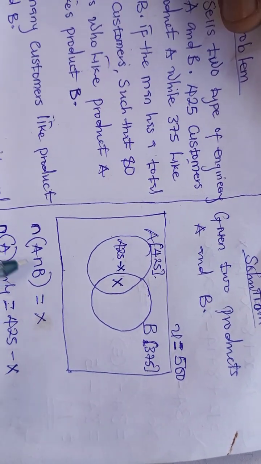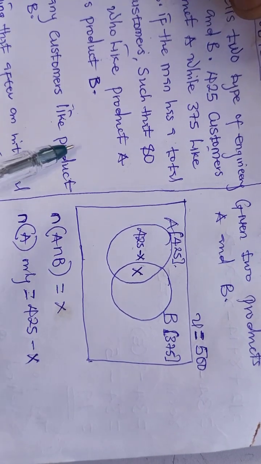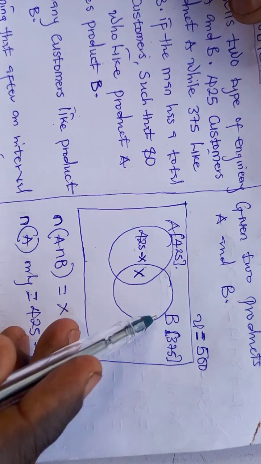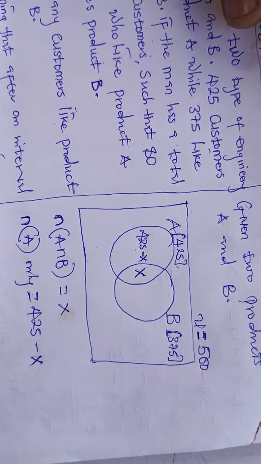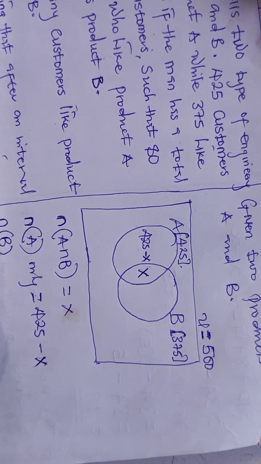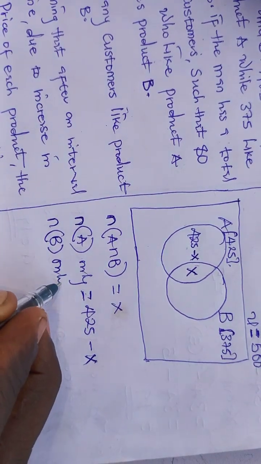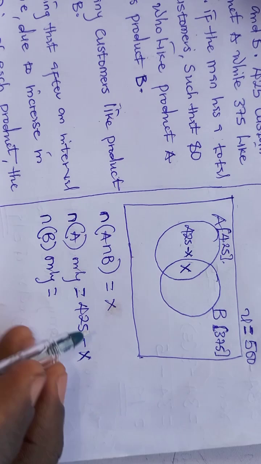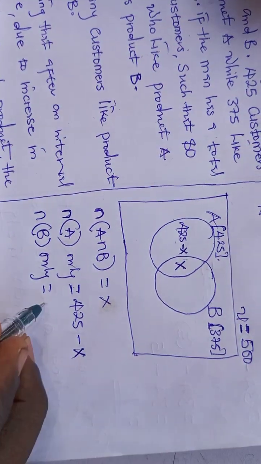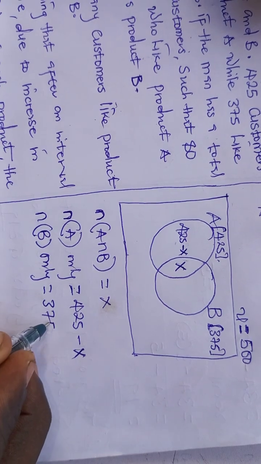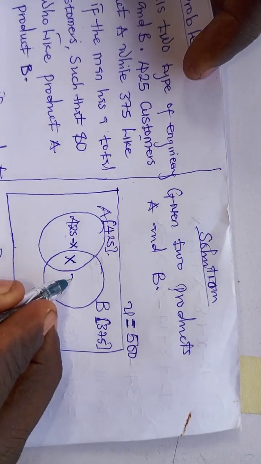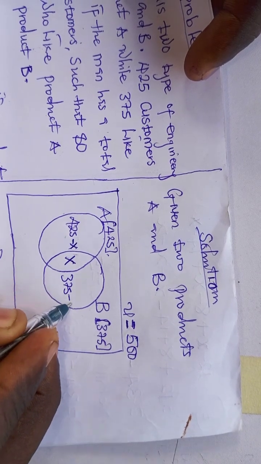Then the number of customers that like product B only will be equal to 375 minus x. I'm going to represent that here, 375 minus x.